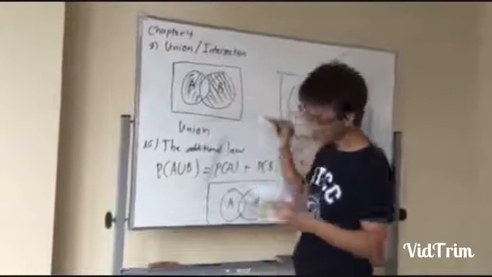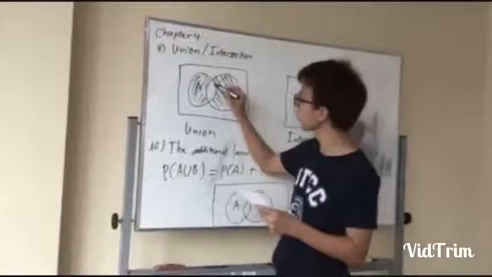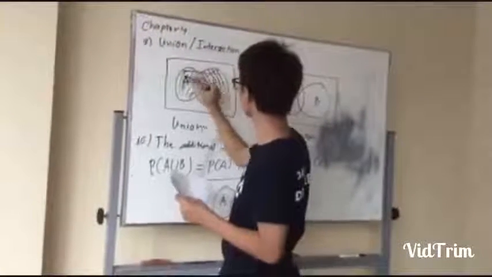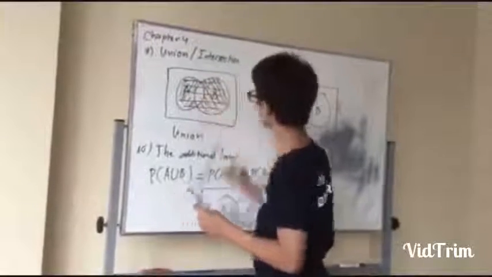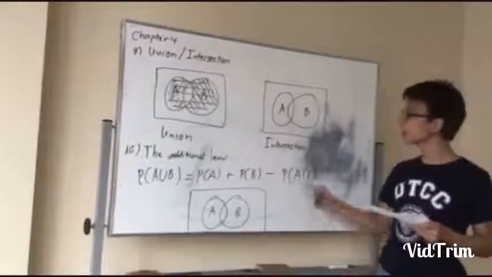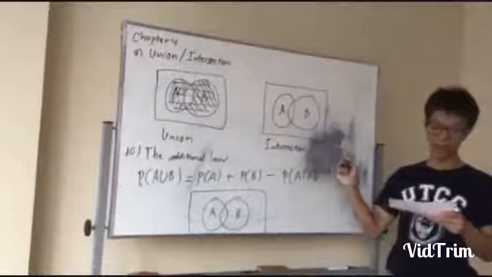And when you say both A and B, they are here, or this one. So the intersection only exists in A and B.